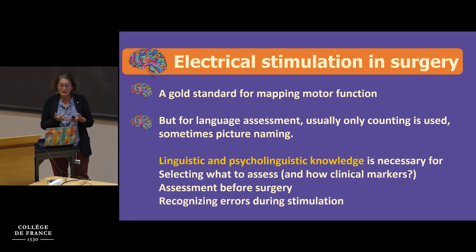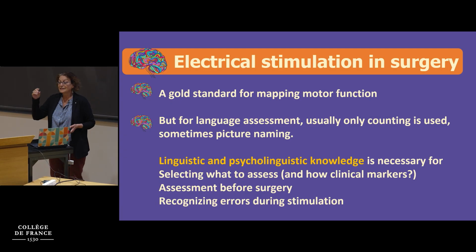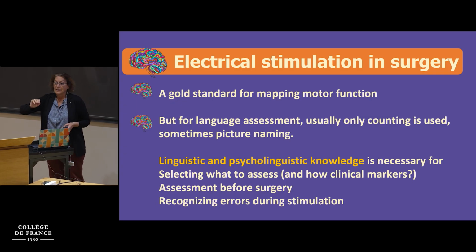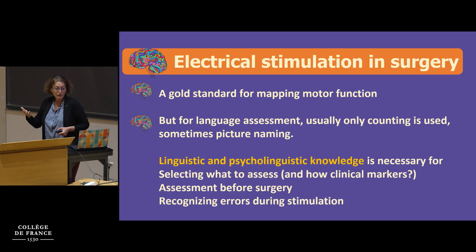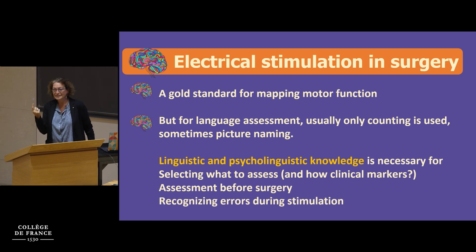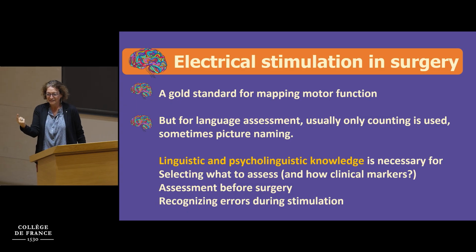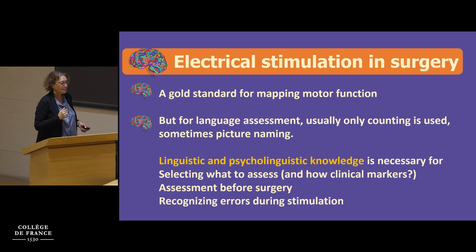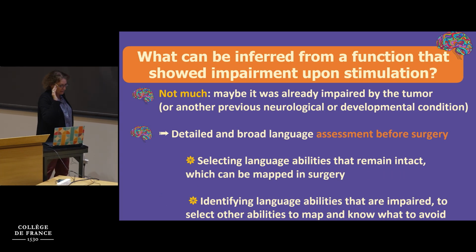It will give us the tools into what are the clinical markers for each ability, right? And it will allow us to do assessment before surgery, after surgery, and during surgery, when the patient, in these 3 seconds, fails to say some sentence, we should know exactly what the type of sentence that they fail to say is, and what exactly the type of error that they make is saying about this area. Okay? So that's the idea.